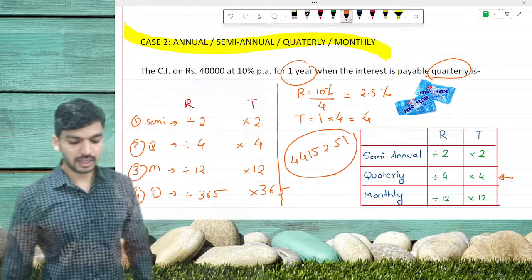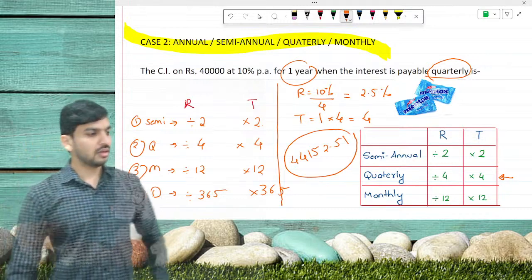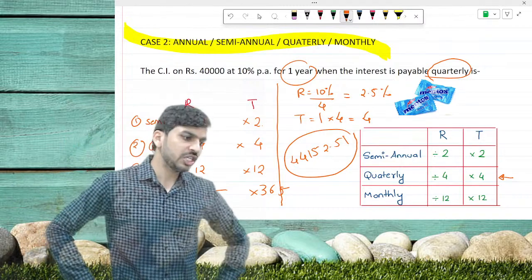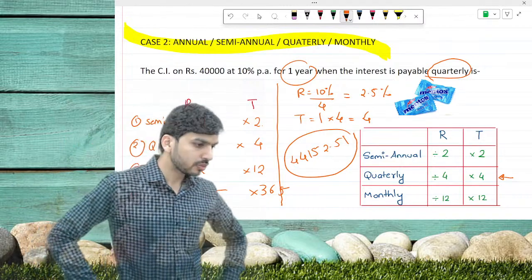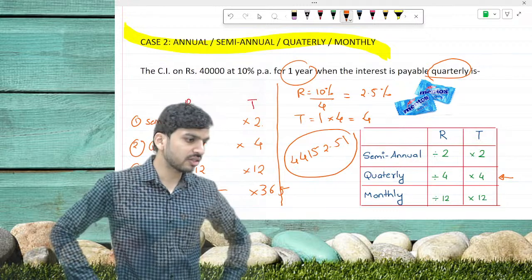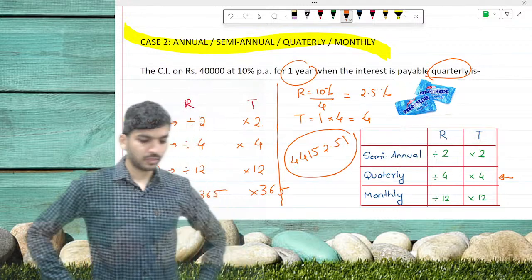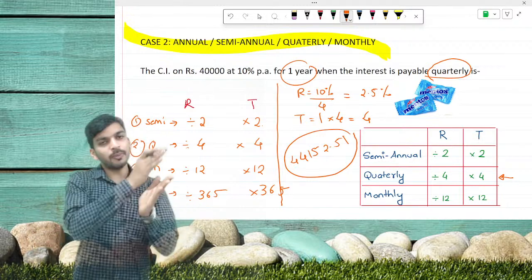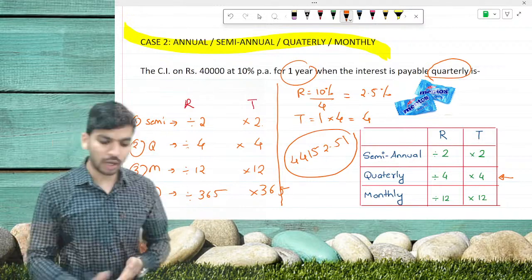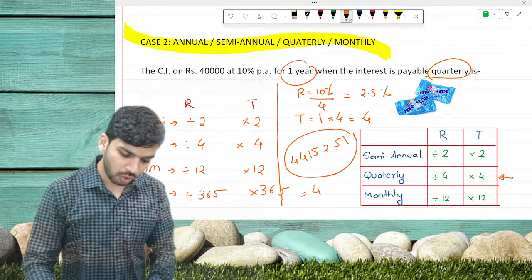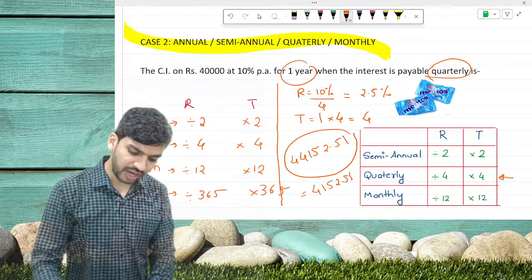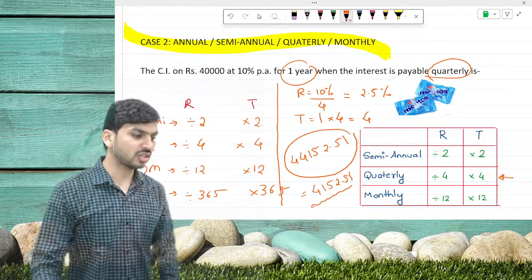All of you got this answer? Say yes. Do reply, do acknowledge. Every student got the answer. 44,152, and if I subtract the principal amount, that is 40,000, I'll get the answer as 4,152.51. This is the interest earned.